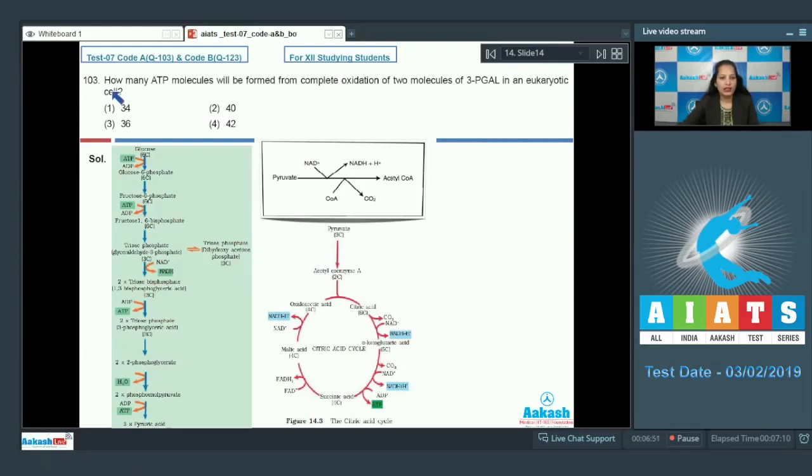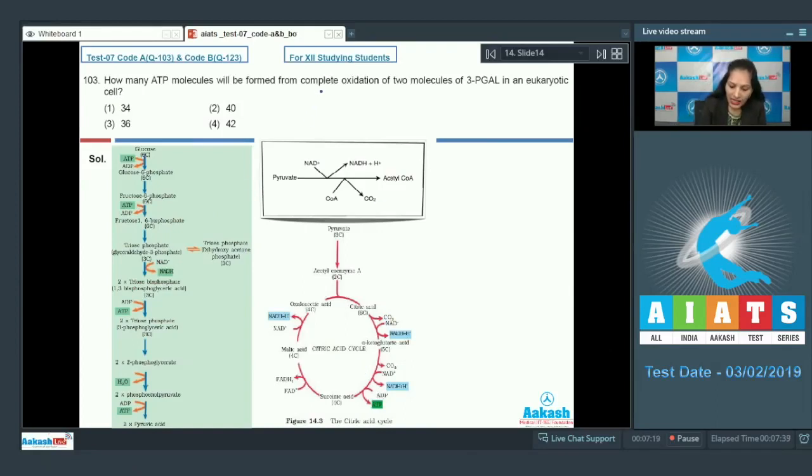Question number 103. How many ATP molecules will be formed from complete oxidation of 2 molecules of 3-PGAL in a eukaryotic cell? First option 34, second 40, third 36, fourth 42. These are some diagrams which I have picked from your NCERT. Now try to understand this question.